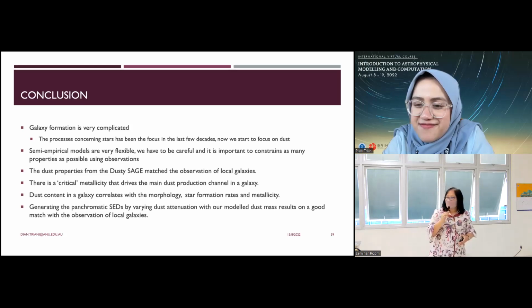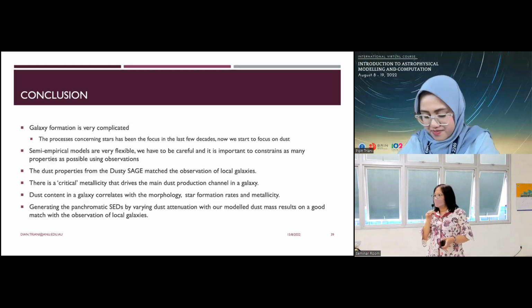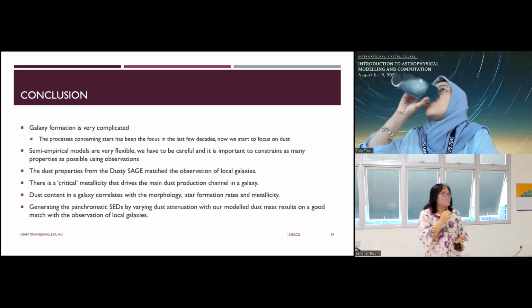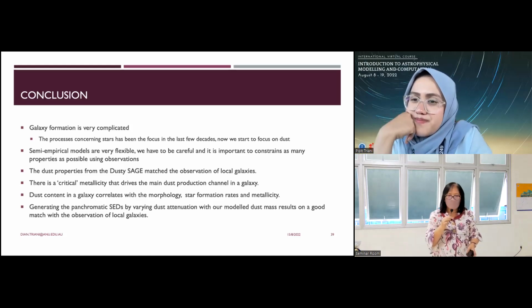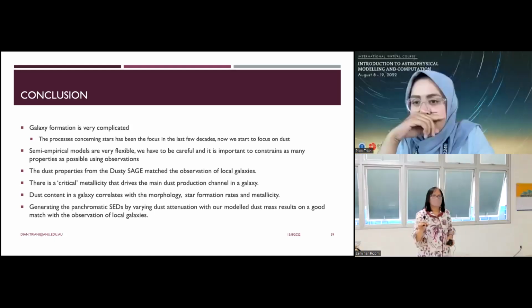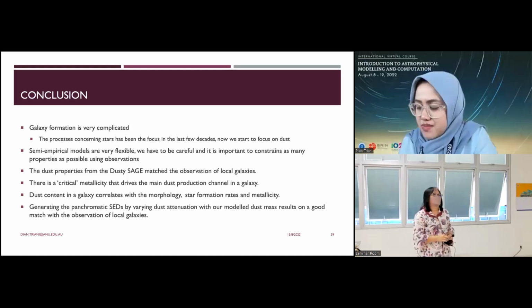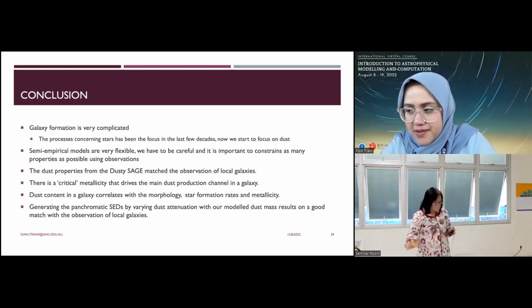Okay, thank you. Any other question from the audience in the seminar room? Yeah, so can these Dusty Sage models and these simulations be used to constrain the dark matter properties? Because we have several theoretical models for dark matter, sorry. So is it possible to constrain some model of dark matter from this Dusty Sage? Yeah, thank you for the question.